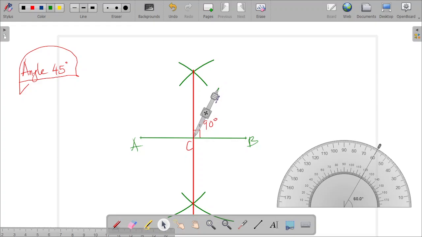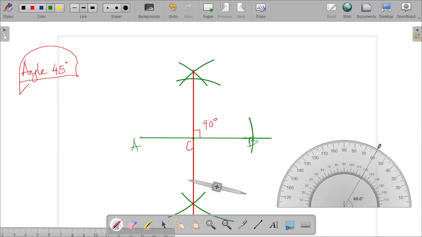So you can mark an arc here like this. This arc is cutting this line, right? So you mark another arc that cuts this line here like this. So obviously I just made two arcs cutting those lines, right?